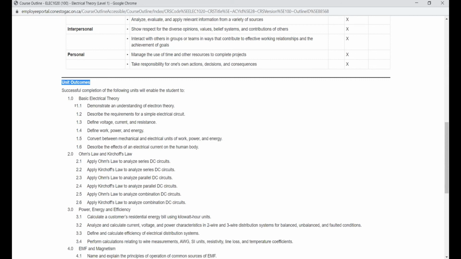And then we are going to be concentrating on this topic as well throughout this week, which is to demonstrate an understanding of the electron theory. And that's what's going to be leading you into knowing the difference between the electron and the conventional flow theory.